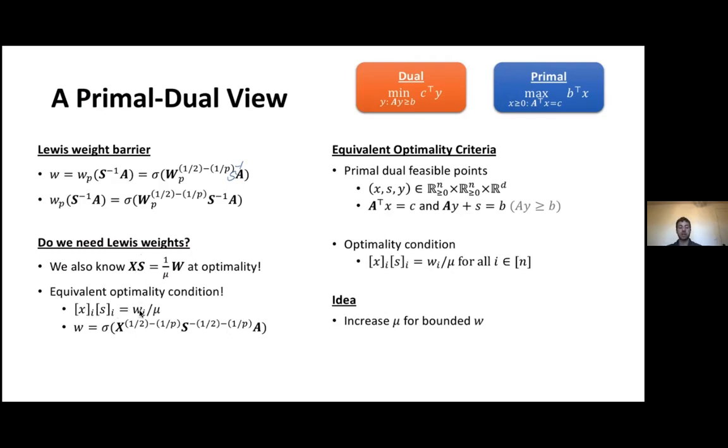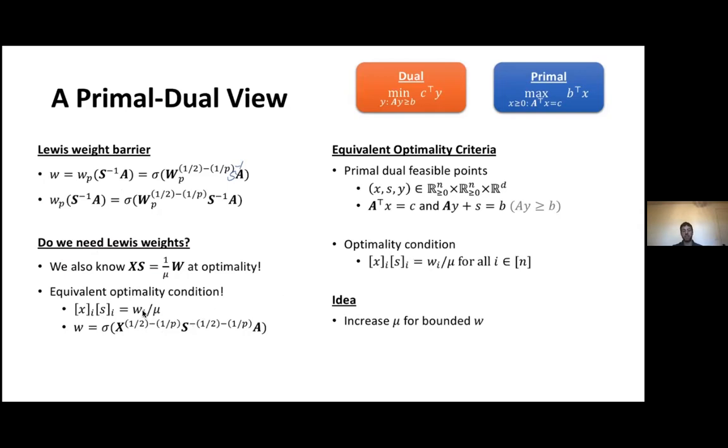So an equivalent way of defining the central path we just discussed is to ask for x times s to be the leverage scores of this matrix weighted by x and s. And now there's still a recursive criterion in x and s here, but there's no extra notion of weights. We're just asking for xs to be the leverage scores rather than arbitrary weights, rather than Lewis weights.